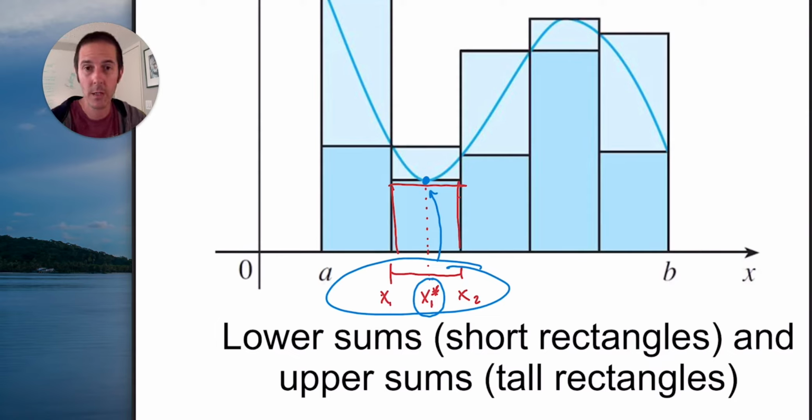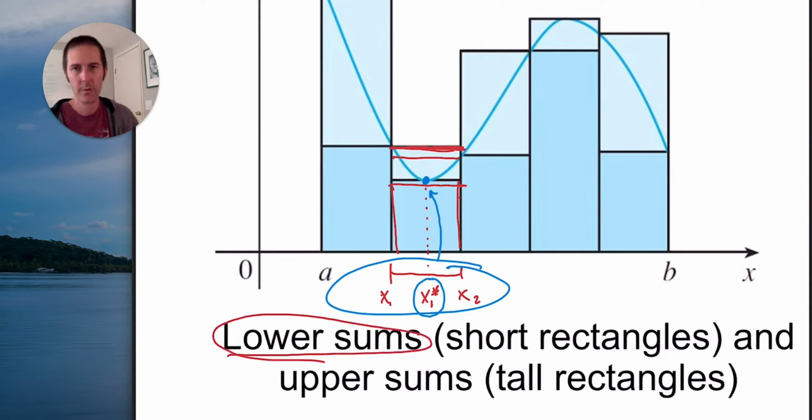It keeps the entire rectangle under the curve, for that matter. It doesn't protrude partially up into the curve. It doesn't take me all the way maximally for the biggest overestimate possible. It's the most extreme lower estimate. If I applied that on all these little subintervals for all of my rectangles, then I would have the most extreme lower sum or under approximation for the area under this curve.